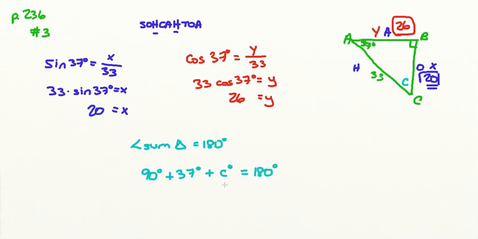We solve it for C. So 90 plus 37, that is 127. Subtract 127 from both sides. So angle C is 53 degrees. And now we know all three sides and all three angles. Please do question number 4.